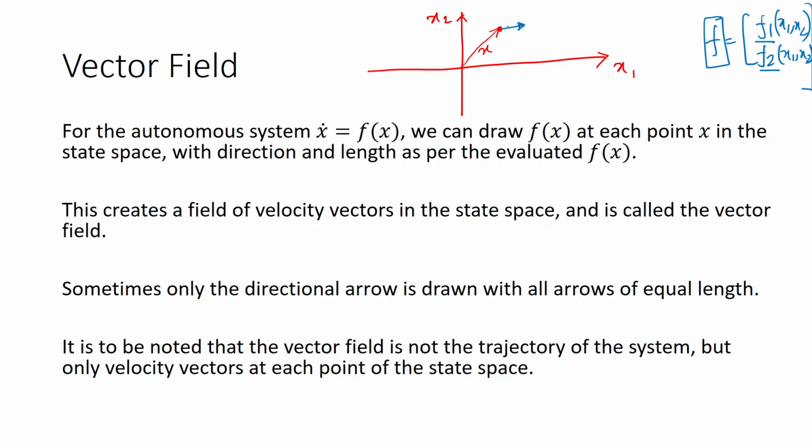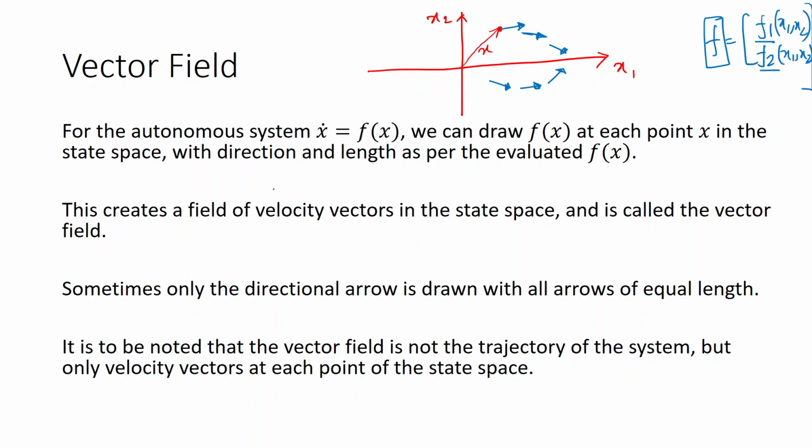So you can always draw these small arrows, which are the f(x) arrows at any point in the state space. Suppose these are some arrows which we can draw in the state space. So you can draw all these arrows.